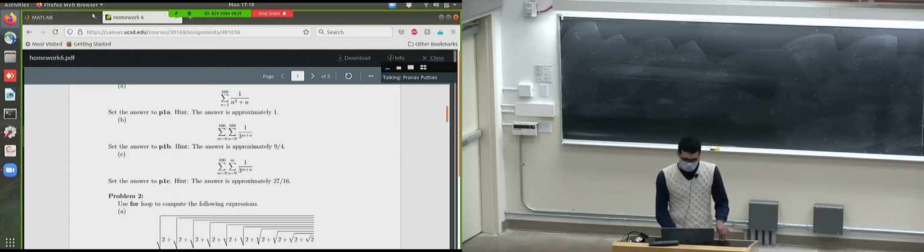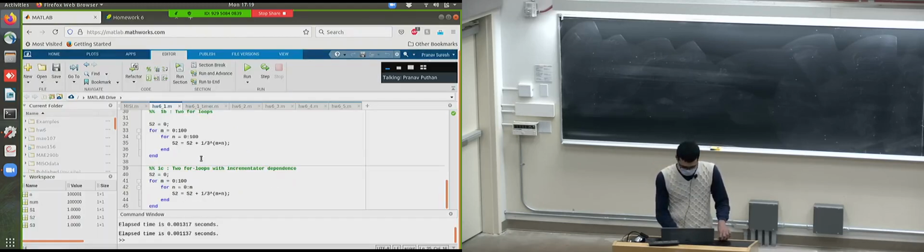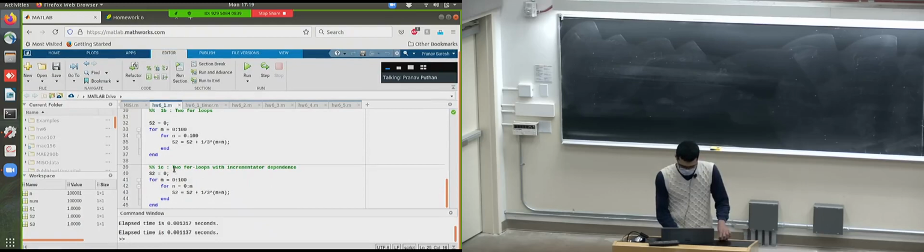And to account for that, you need to make sure that the nested loop is implemented correctly. So here, if there are 2 for loops with a dependence between those 2 increments, n and m are depending on each other. m is not depending on n, but n is depending on m.